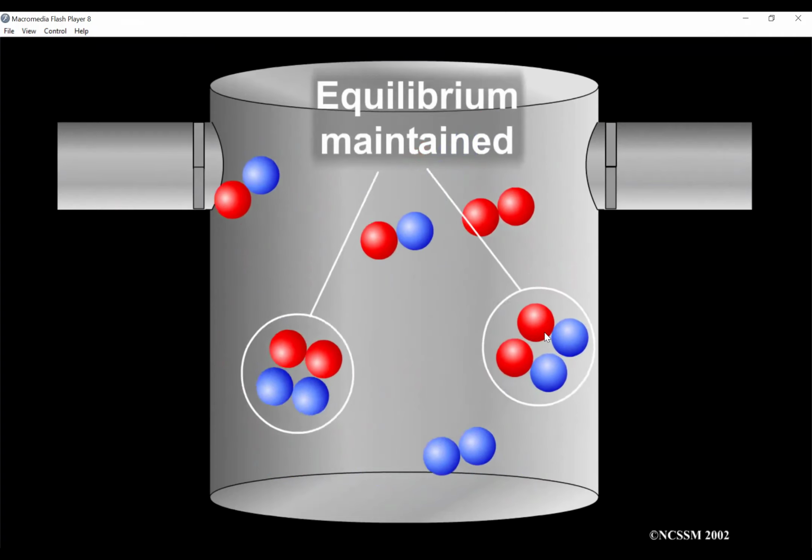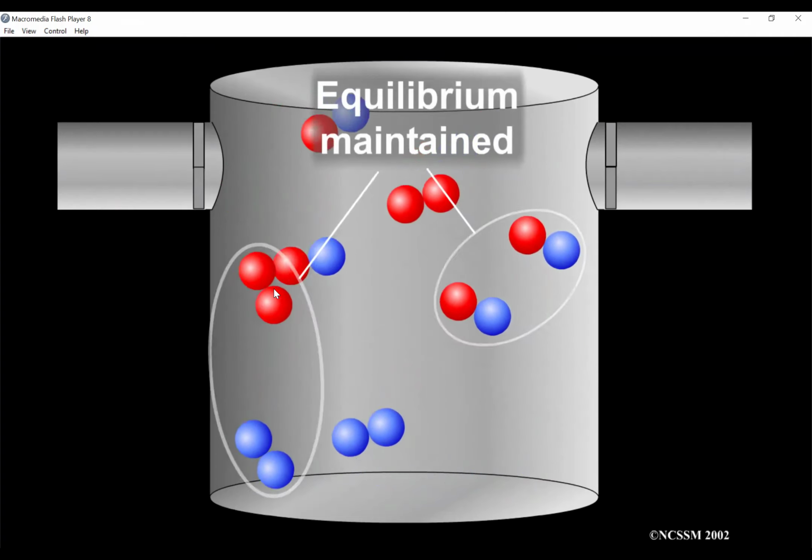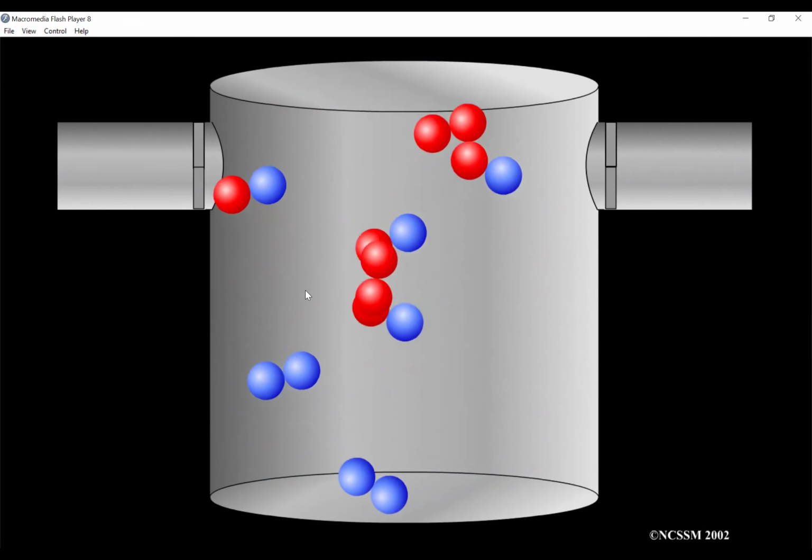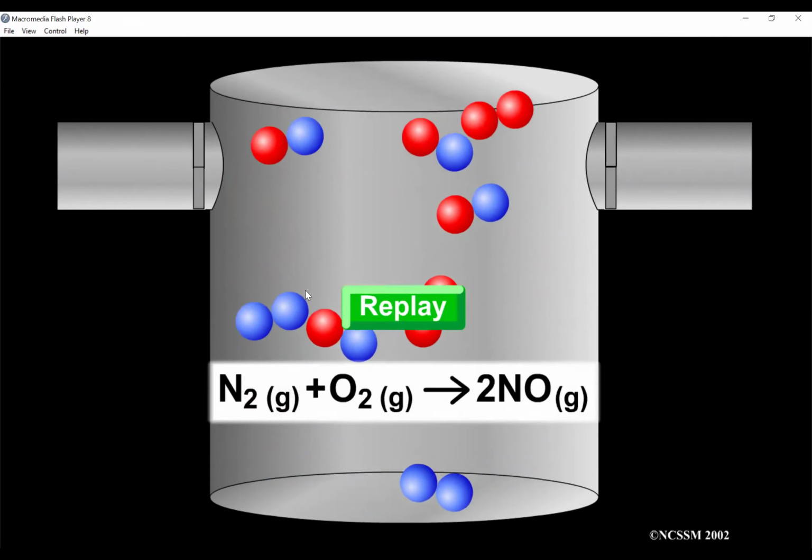So in this case, you notice products are being formed, reactants are also being formed, but because they are formed at the same rate, the macroscopic or visual properties remain constant.